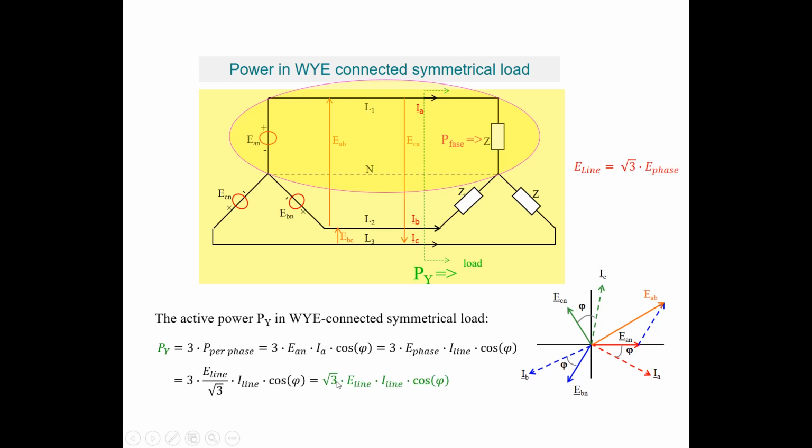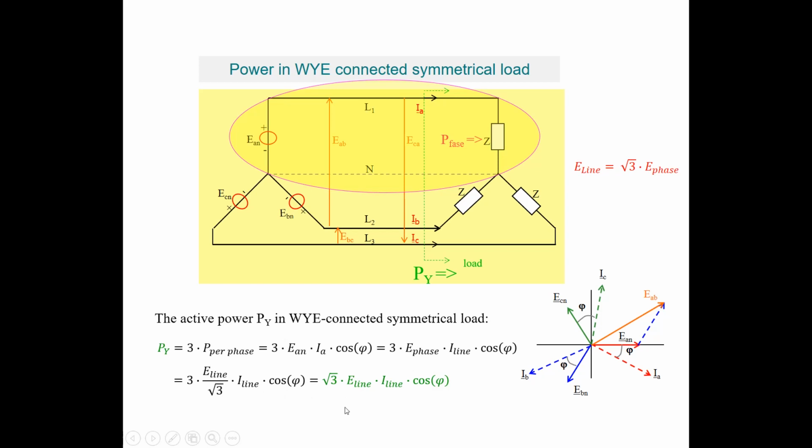We can also use the relationship between the phase voltage and the line voltage as expressed on the previous slide: E phase equals E line divided by the square root of 3. In that case, P_Y equals 3 times the phase voltage, which is the line voltage divided by the square root of 3, times the line current, I line, times the power factor cosine phi.